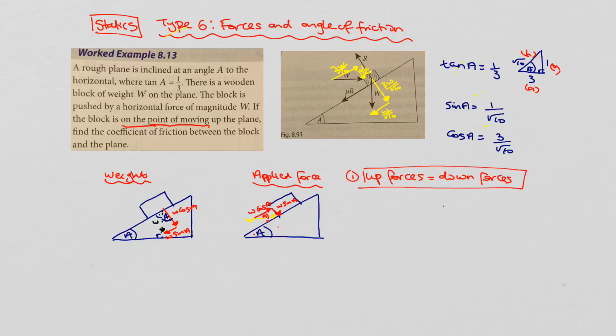Our up force is R. That equals our down force, which is W cos A, so W over root 10 plus 3W over root 10. Therefore R is equal to 4W over root 10.